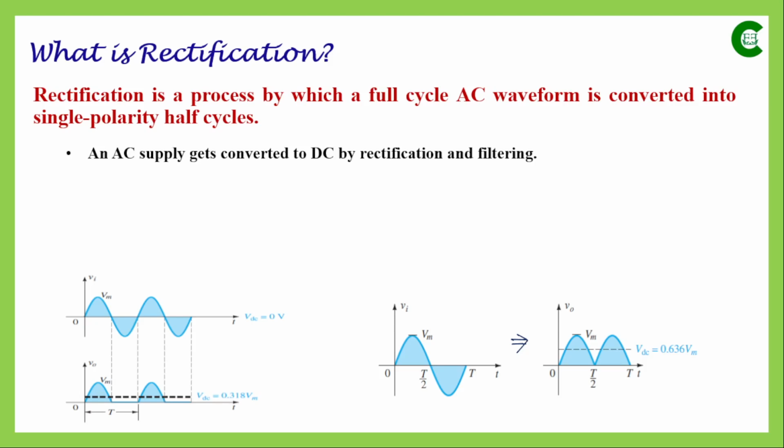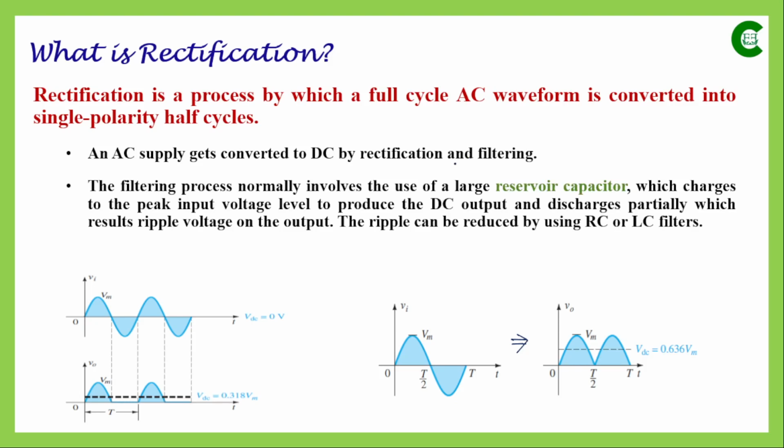So this is not exactly the conversion process from AC to DC, as I said. An AC signal gets converted to DC by rectification first, followed by filtering. This filtering process normally involves a large reservoir capacitor, which charges to the peak input voltage level to produce the DC output and discharges partially, which results in ripple voltage on the output.